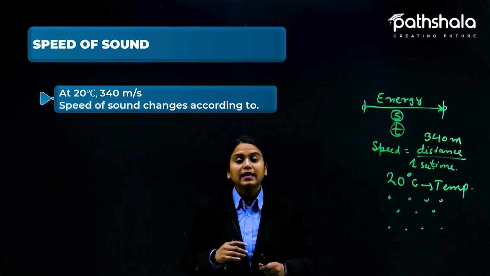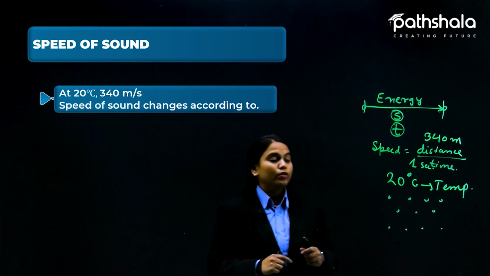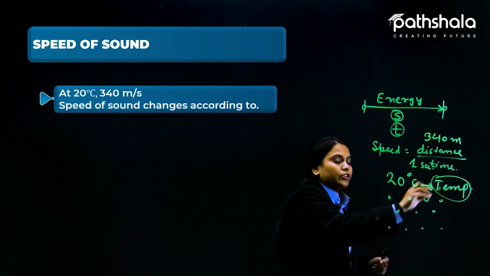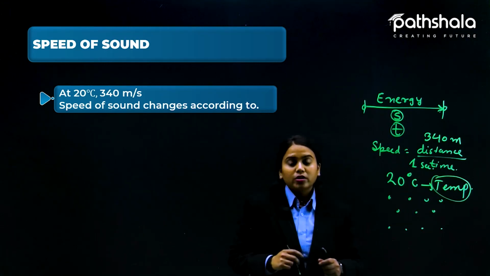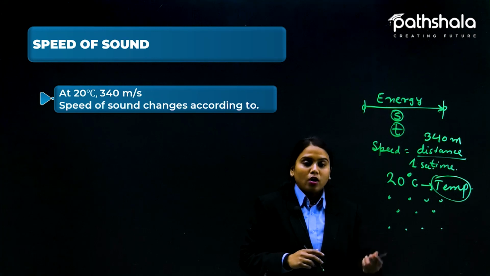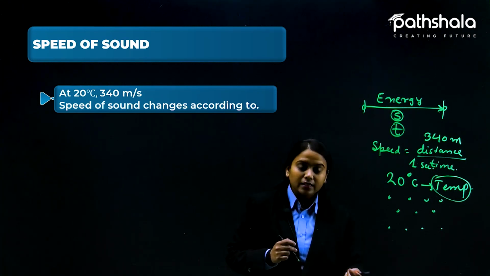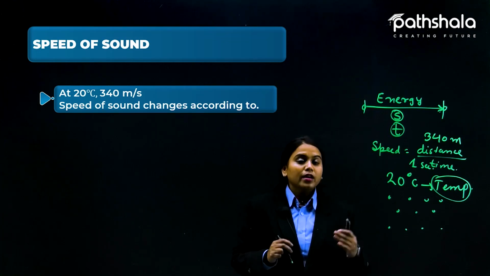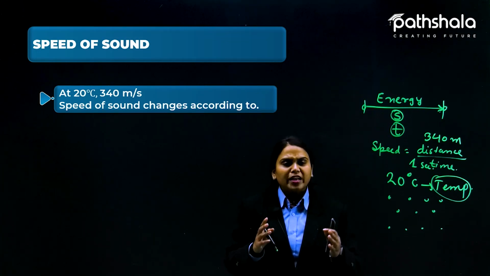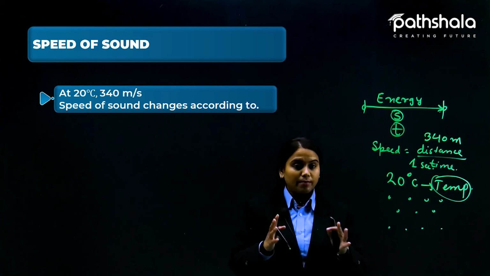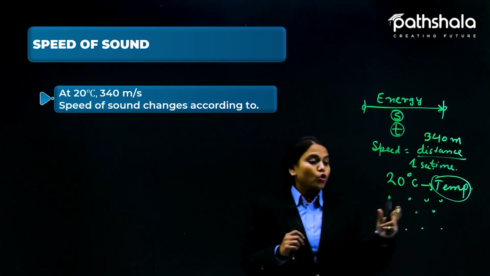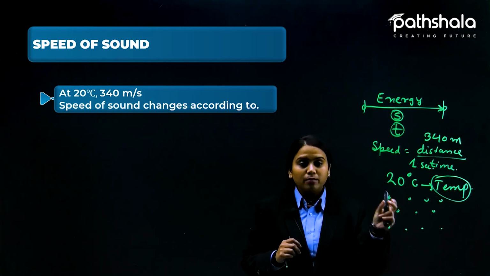So this is the speed of sound, and it changes according to the temperature. If the temperature becomes high, it changes accordingly, and if the temperature becomes less, say when the climate is very cold, the particles become closer.